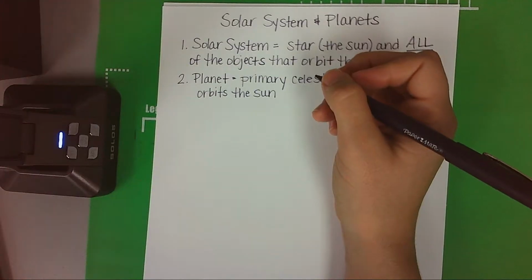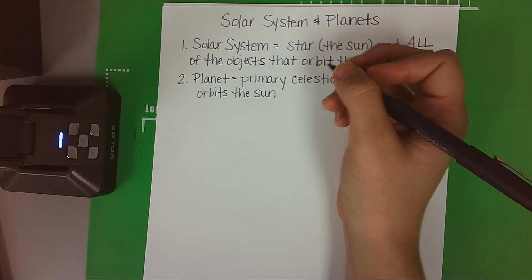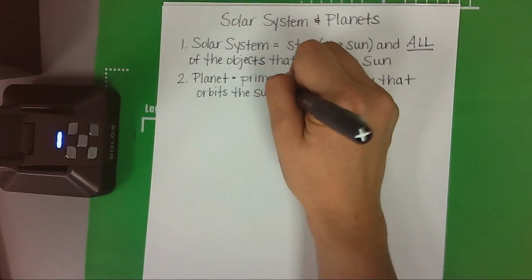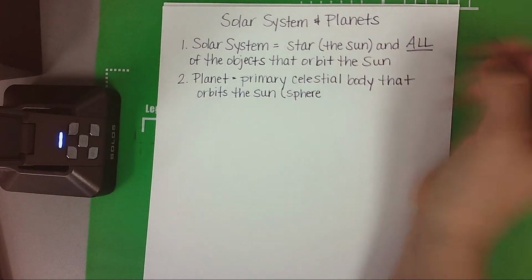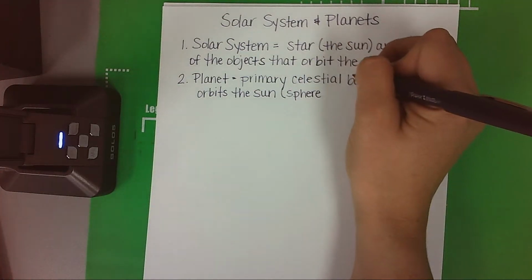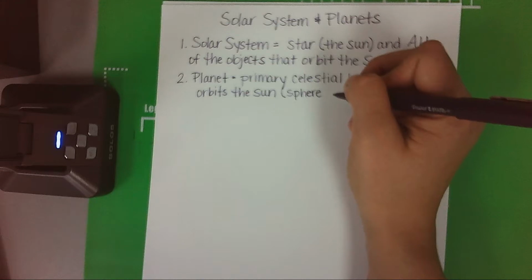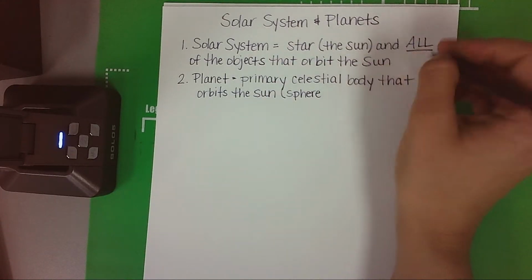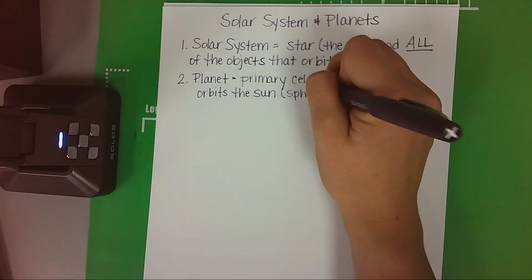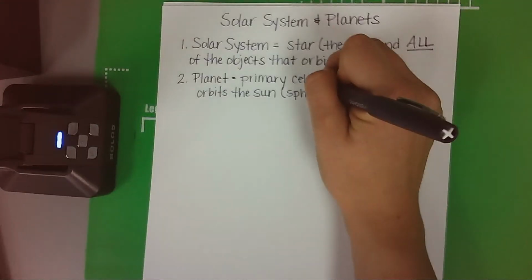The other thing you want to think about is that a planet is a sphere. We could have put spherical body here. A planet has to be a sphere, and it has to make a full orbit around the sun in order to be considered a planet.